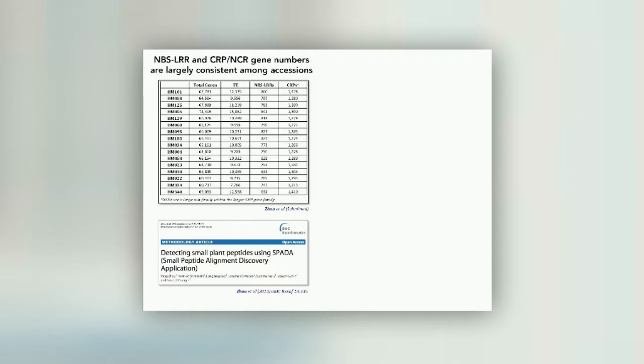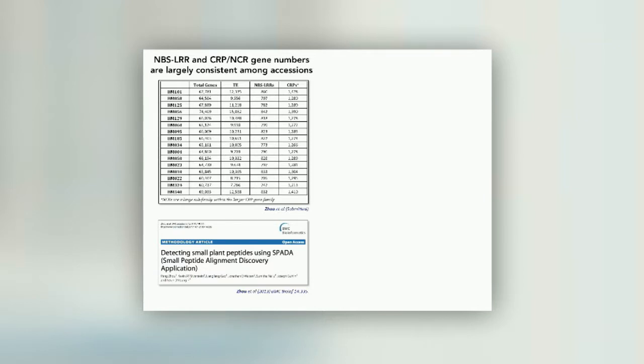And that's quite significant to a plant path audience, because those NBS-LRRs probably represent 80 or 90% of the resistance genes that you all are playing with. Whether you're in a greenhouse or whether you're sequencing, NBS-LRRs play a major role in plant pathology. And the number of genes is staying relatively constant.